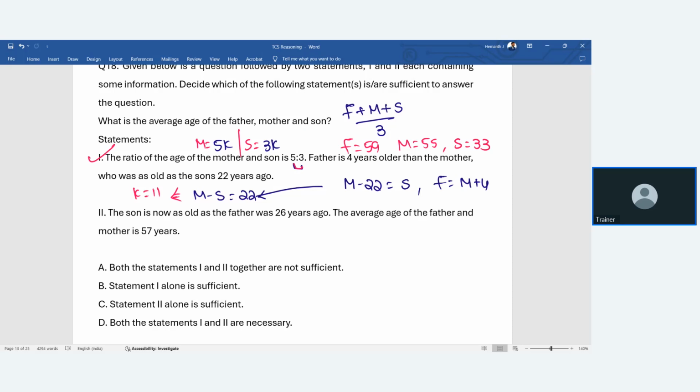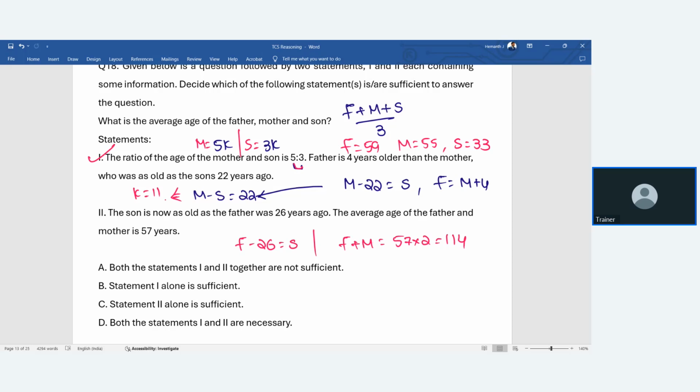What about two alone? Don't ignore the second one. Try two alone. Father 26 years ago is equal to son age. The average age of father and mother is 57, means father plus mother is 57 into 2, 114. But here I cannot calculate f, m, s values.